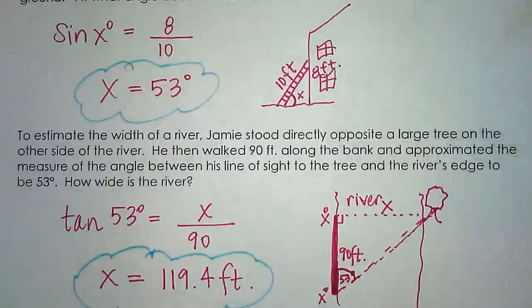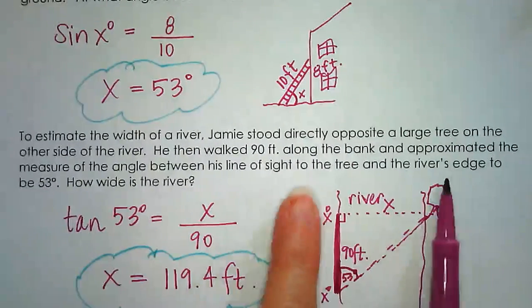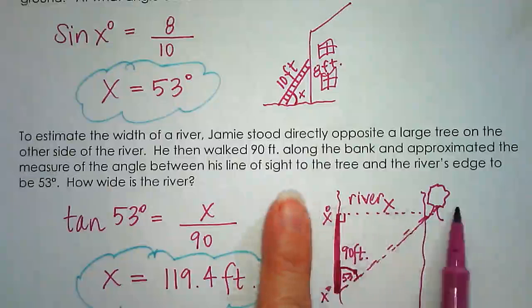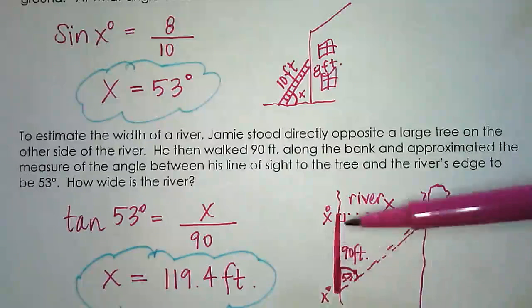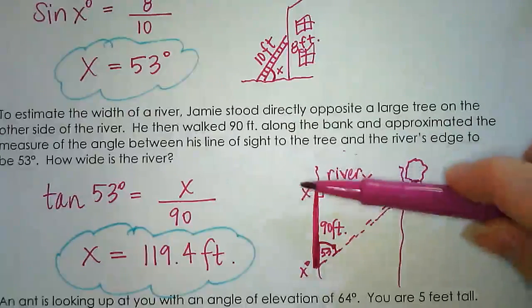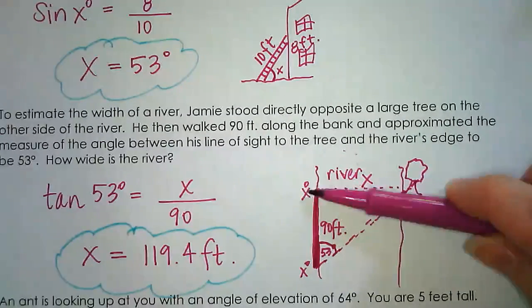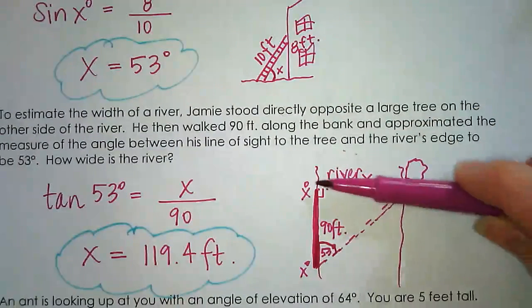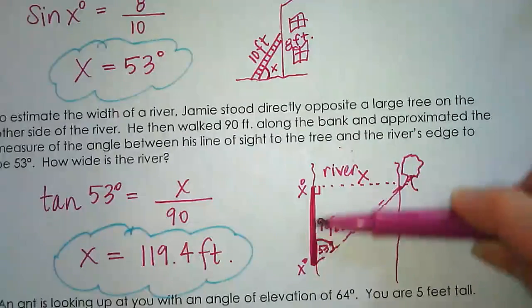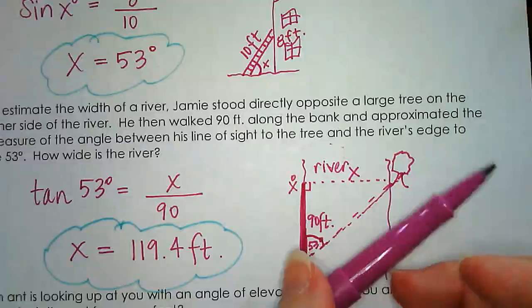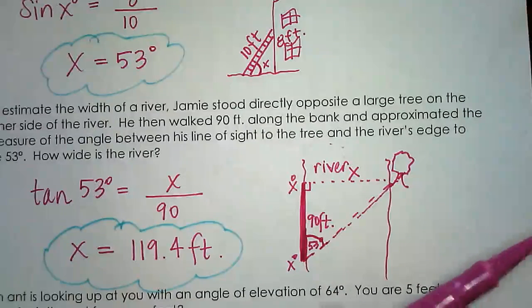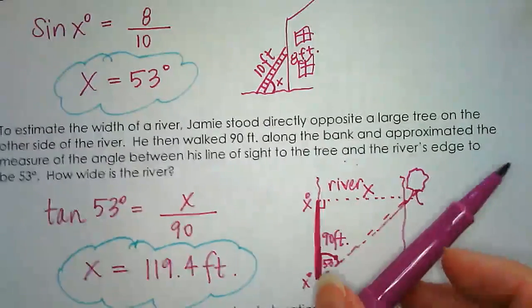This is where you really have to have good reading comprehension. He is directly across from a tree. Then he walked 90 feet along the bank of the river. So he's not walking away from the river. He's walking 90 feet along the side of the river. Then he estimated, you know, there are apps you can get on your phone to do this.